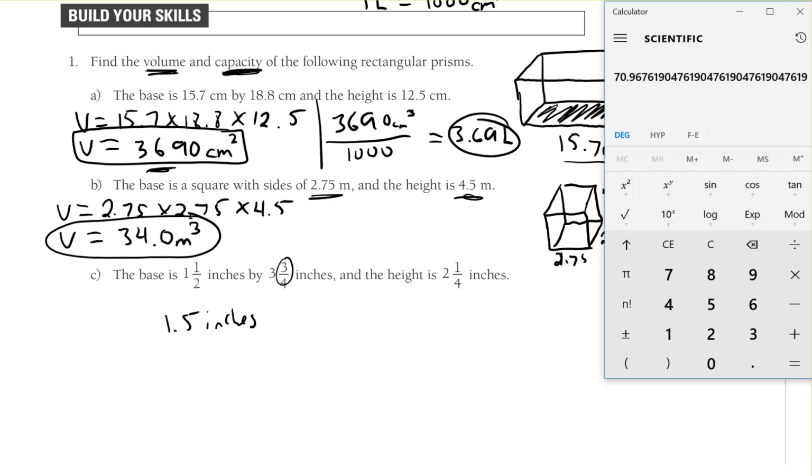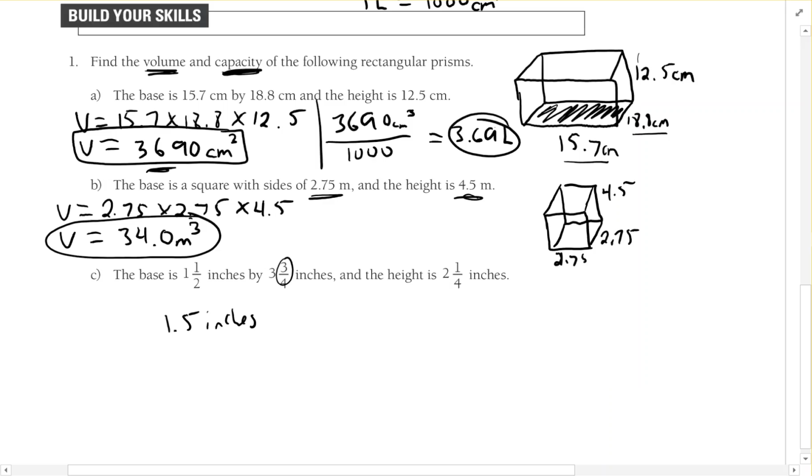If you literally in your calculator just go 3 divided by 4, it's 0.75. So this would be 3.75 inches. And then this one would be 2.25 inches.